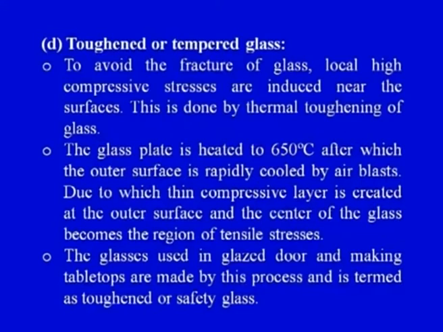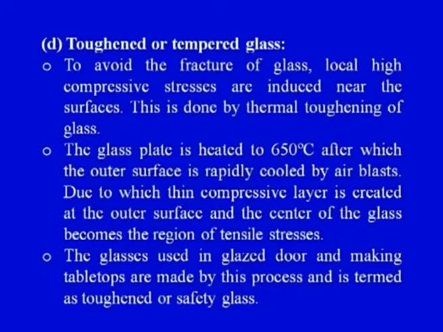Now, how is it cooled? It is cooled by the air blast. The air blast will cool the surface of the glass plate which has been heated up to 650 degrees centigrade, due to which a thin compressive layer is created at the outer surface and the center of the glass becomes the region of tensile stress.